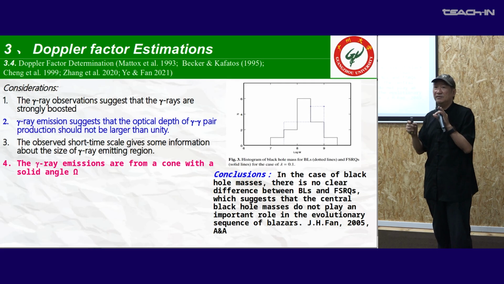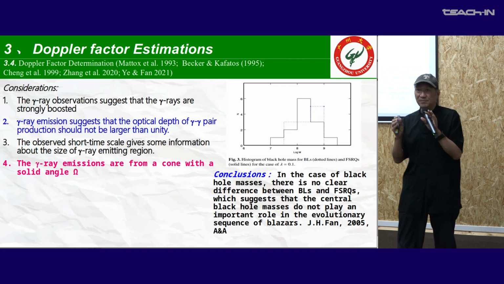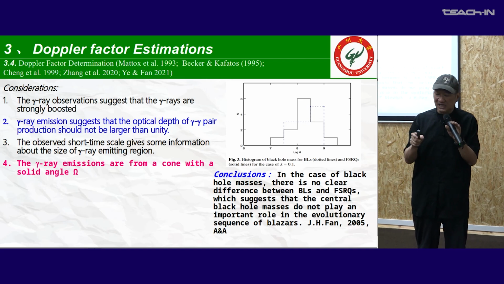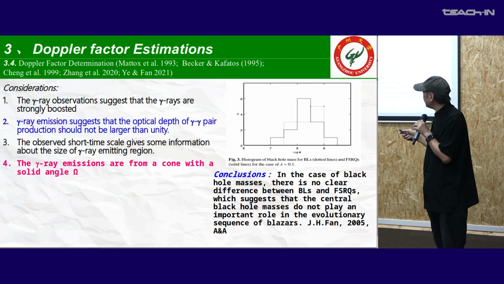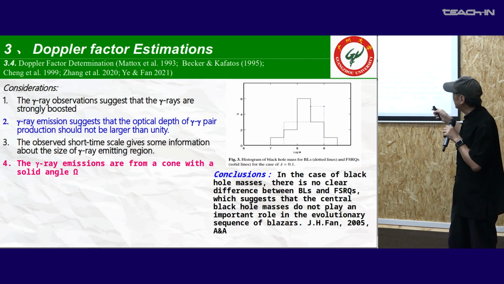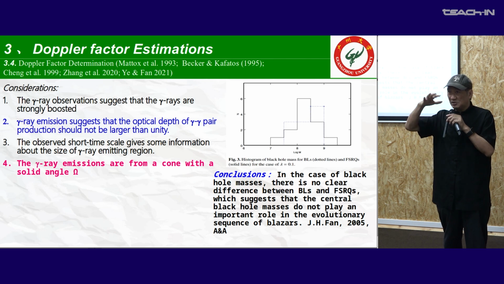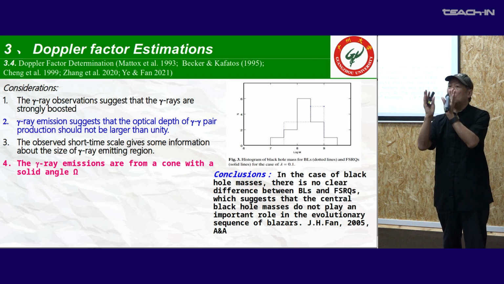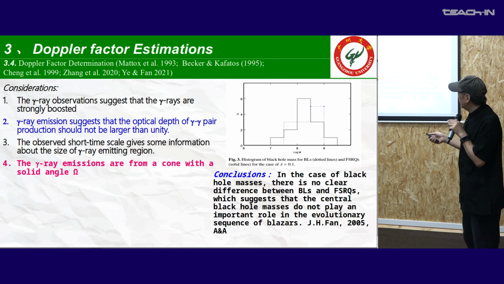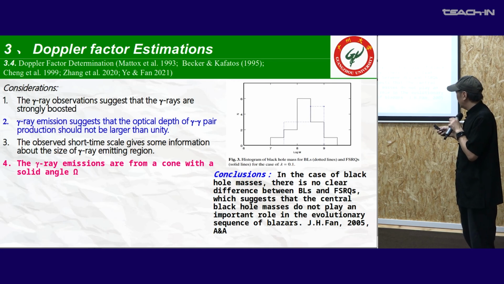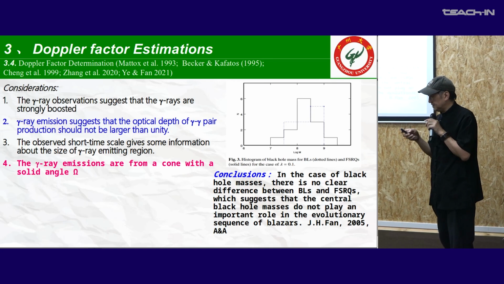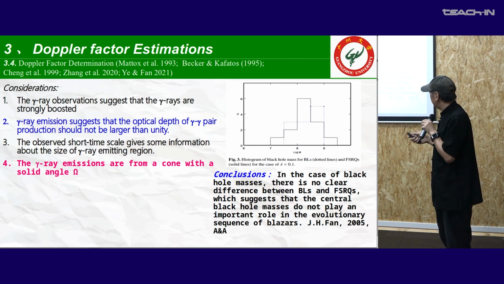So we think there is no difference in masses between BL Lacs and FSRQs. So in this part, we assume that the gamma ray is not isotropic, just from a cone, and we can get the values for delta, emission size, phi, and massive black hole masses.